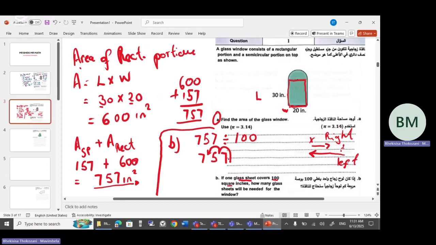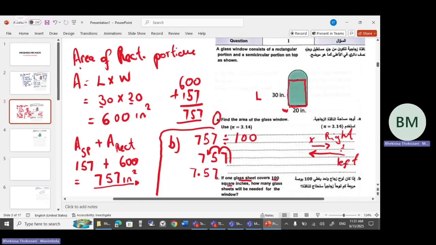Can you see? This is because I am dividing. Okay, if I was multiplying, my decimal point could have been here, and then I was going to move like this. But you get the idea. I hope this makes sense. I've moved to the left. So now my answer here will be 7.57.